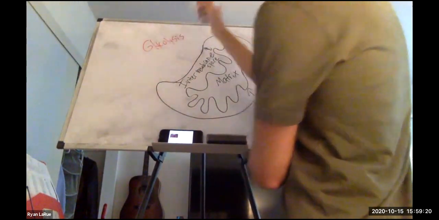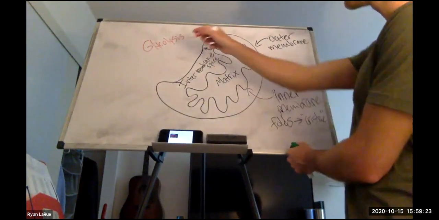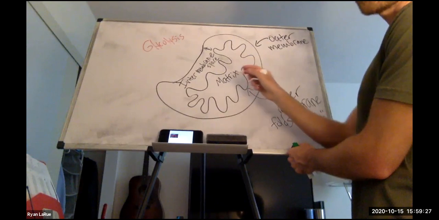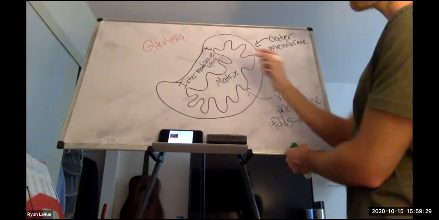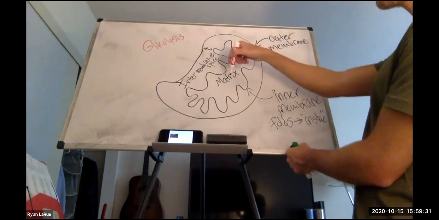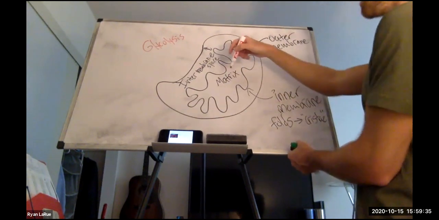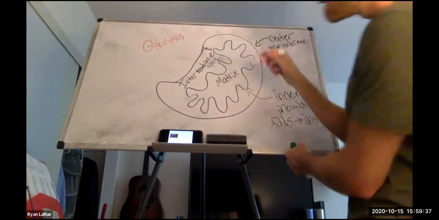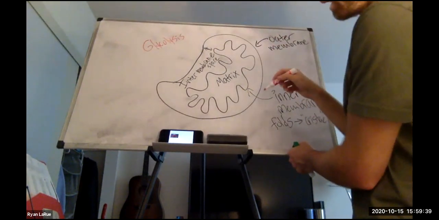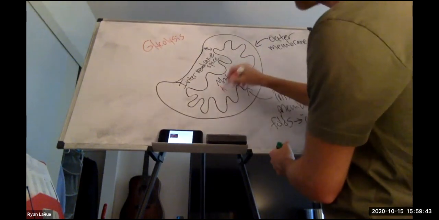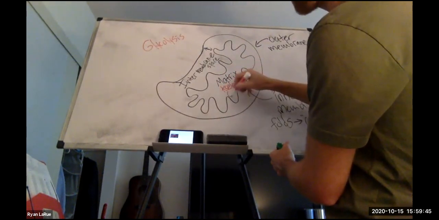Then the two pyruvates are shuttled in via protein transporters in these membranes. Pyruvate goes directly into the matrix, with Keanu Reeves. It's a lame joke, but that's where the Krebs cycle occurs, in the matrix.